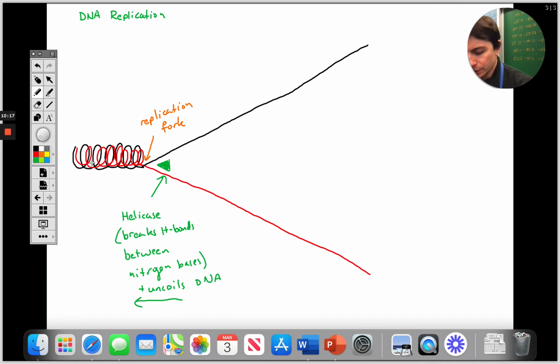So what we're going to do is I'm going to bring another guy over here. And he's going to be chilling on this side. And what he's going to do is make sure the DNA doesn't get too coiled up over here where it could possibly tear. So what he does is he pretty much twists and turns DNA just a little bit to make sure it's not going to tear and break.